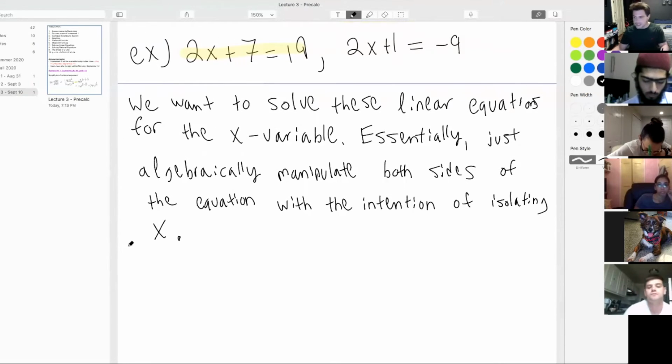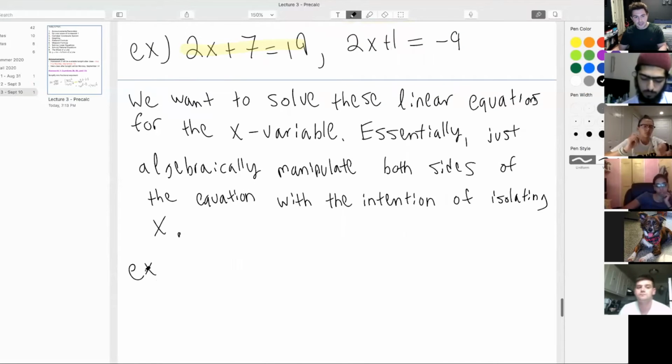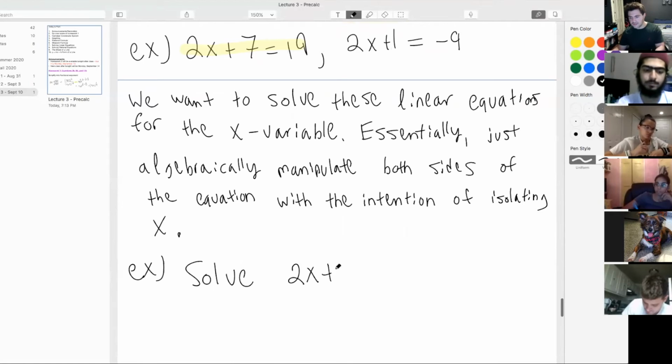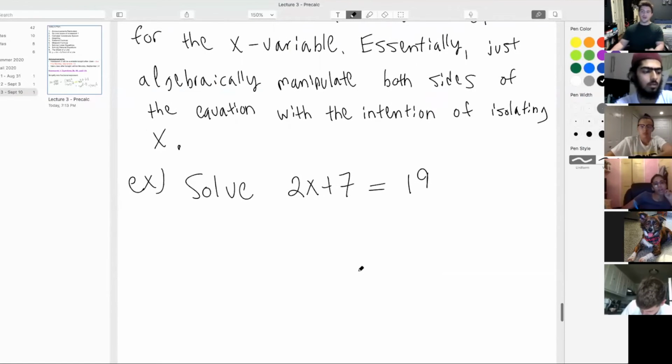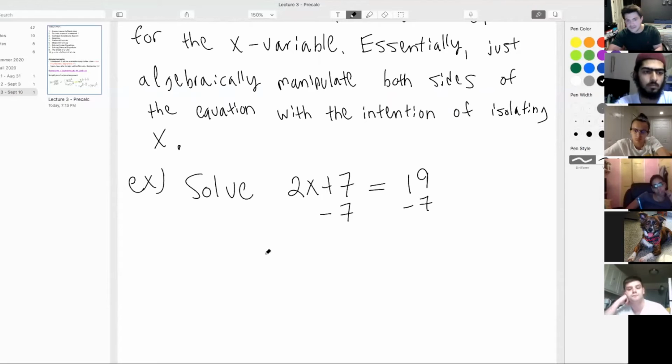This will be very clear once we do an example. Solve 2x plus 7, this example from before actually, equals 19. The goal is to isolate x. First, we can subtract 7 from both sides, so -7, -7.